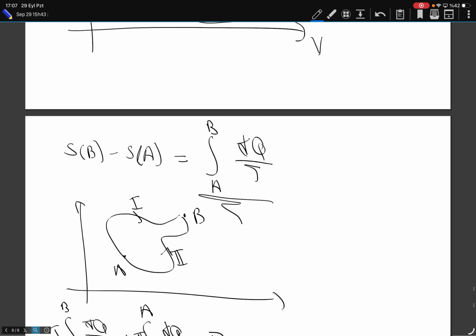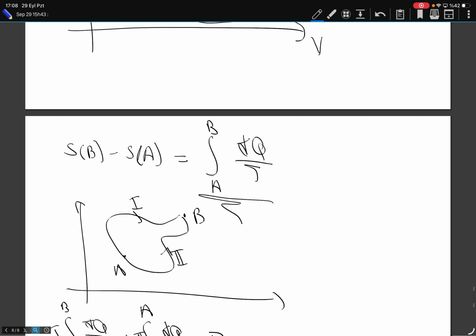So that tells me that I can always write that as the difference of the values that I can assign to the endpoints. Just like the potential. If you know that the work done along a closed loop is 0, you can just integrate the work from some point to some other point.